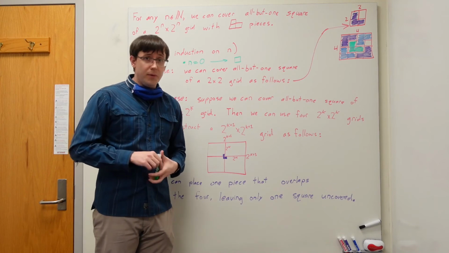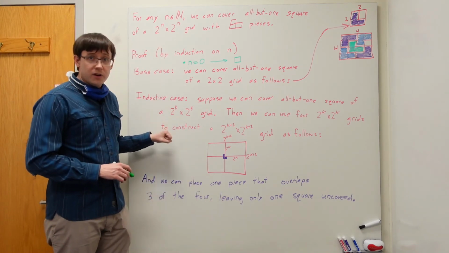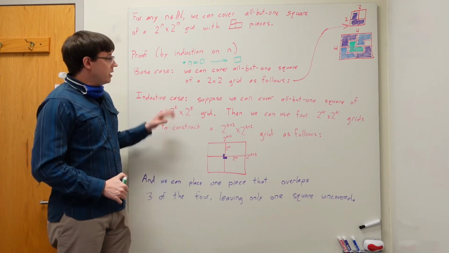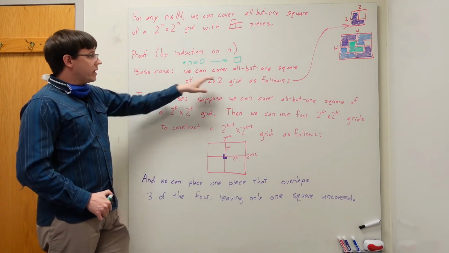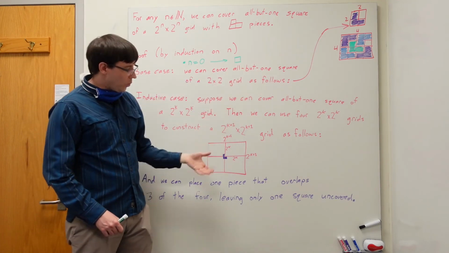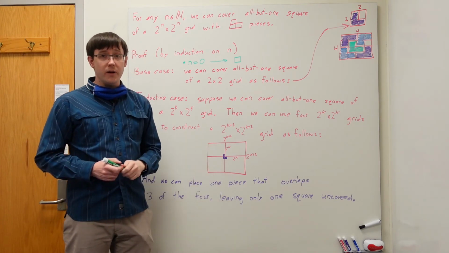A bigger problem with my proof is that I've made a faulty assumption in my induction. Specifically, the statement that we made that we can cover all but one square doesn't tell us where within the subgrids the uncovered square is.